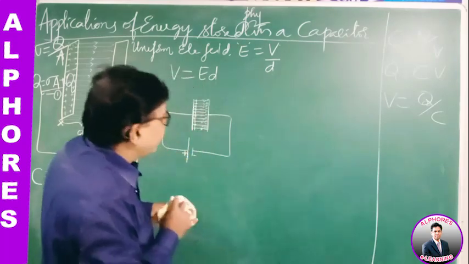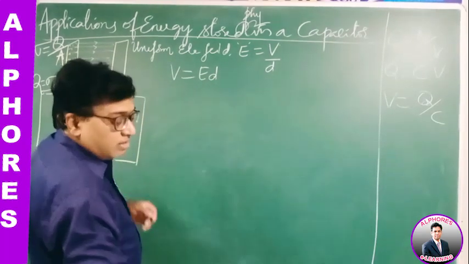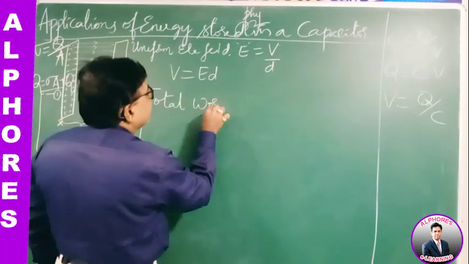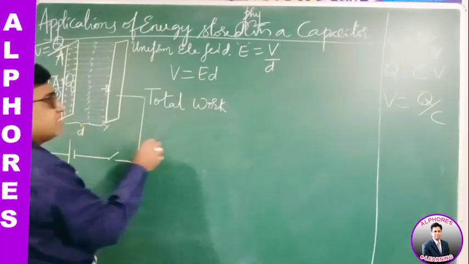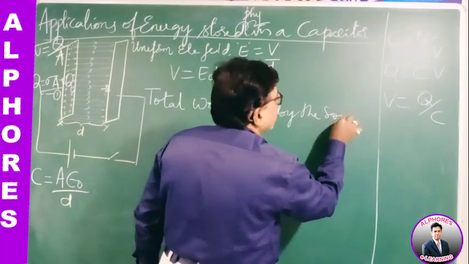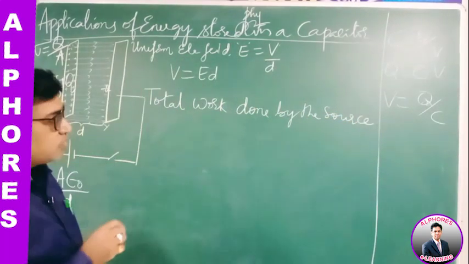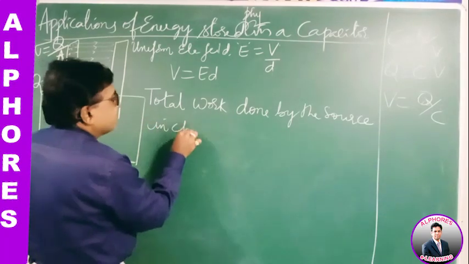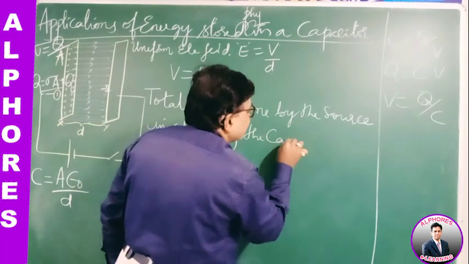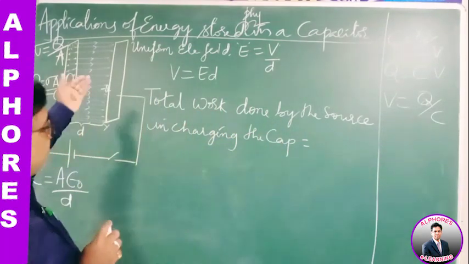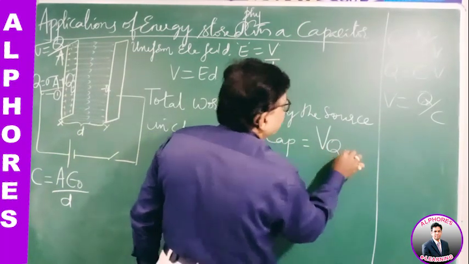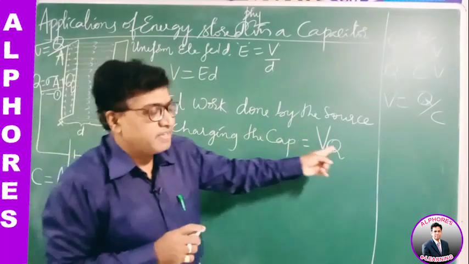So the total work done by the battery, the total work done by the source, the agent, whomsoever it may be, in charging the capacitor, giving a charge Q at a potential V, is V into Q. The total work done is VQ.